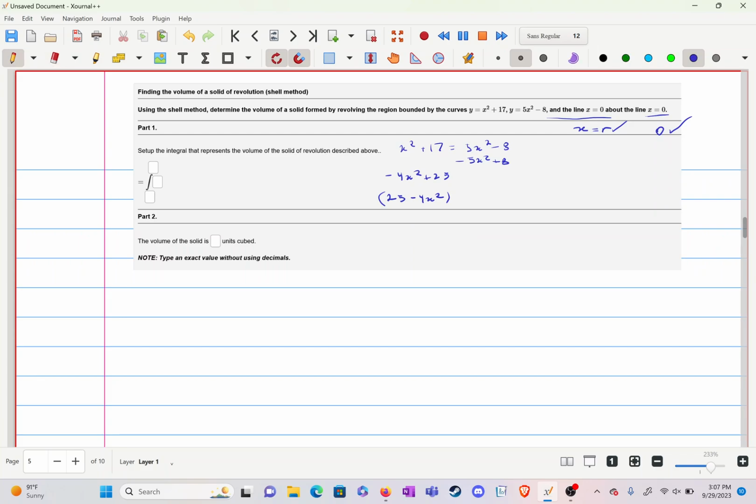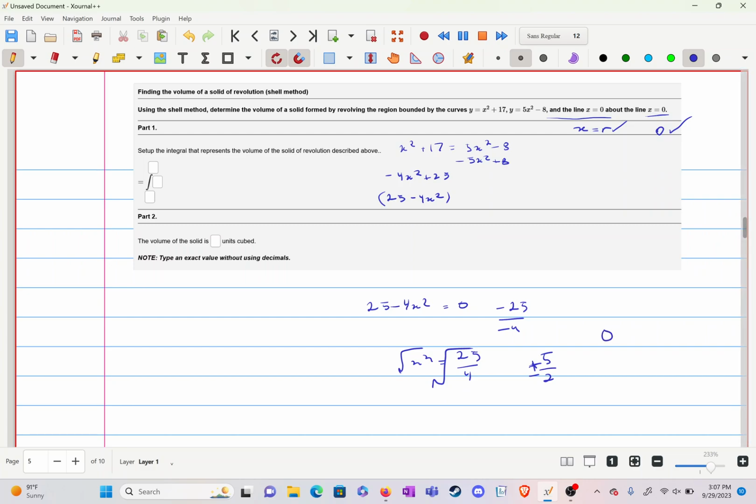So upper bound, let that equal 0. We have negative 25 over negative 4. 25 over 4 equals x squared. Take the square root of that. That's 5 over 2 plus or minus, but we're going to take the positive because we're in a positive definite region here.